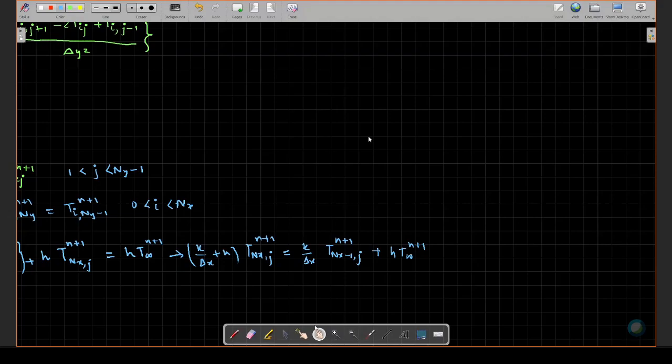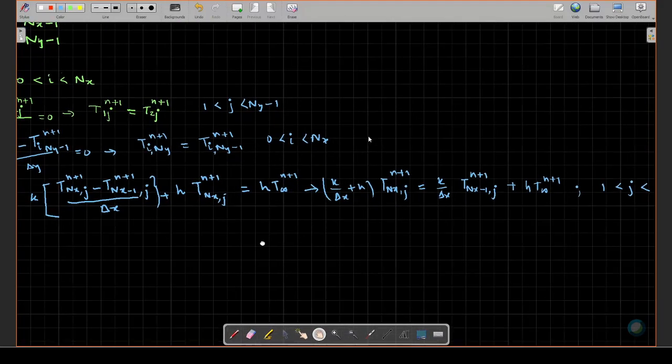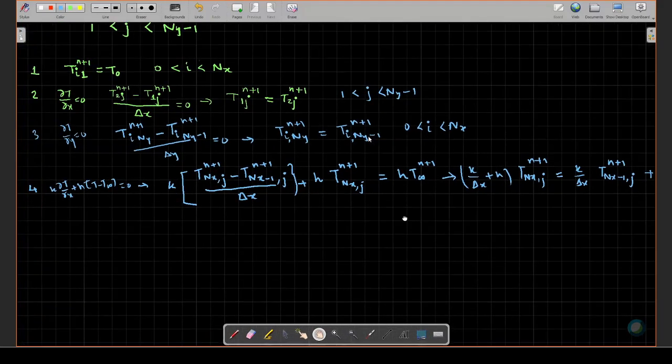And these are running from 1 j to ny minus 1. So these are the values. This is the discretization.